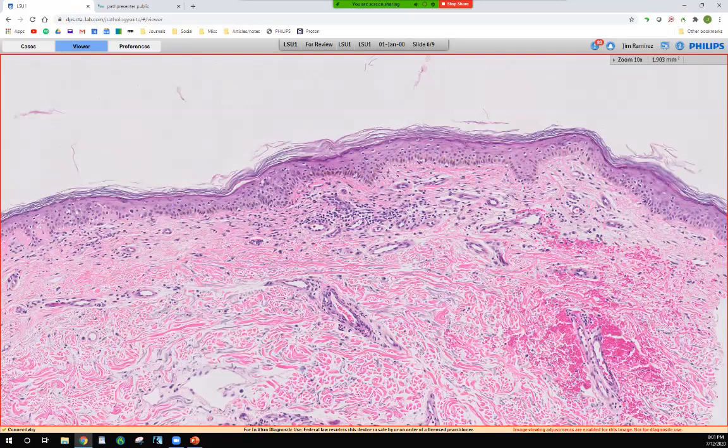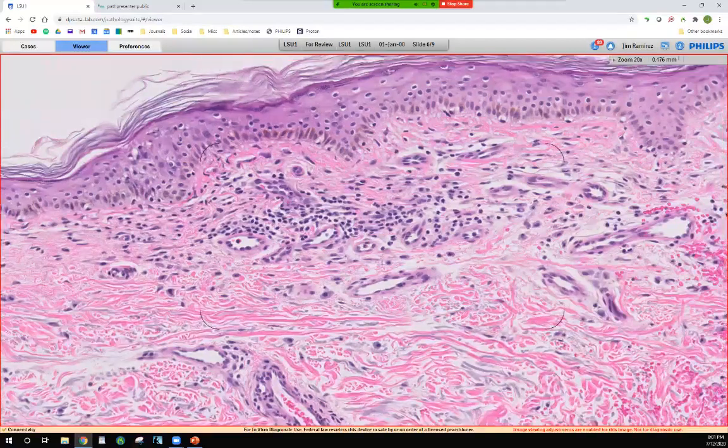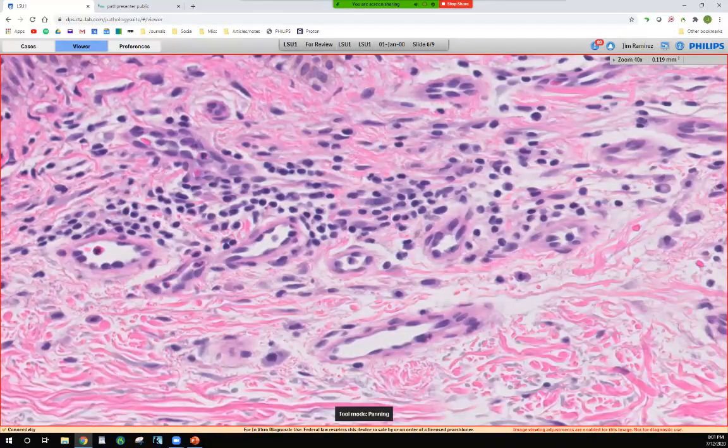The second clue, the next thing I would do is look at the clinical to see if this is a rash, what are they looking for? And if it is indeed a rash, I would go closer and examine the infiltrate. And there's something just kind of strange about these cells right here. They're a little bit more spindly out here, but they're fairly large. Some of them may be a little more cuboidal, on the roundish side, maybe the ones down here.